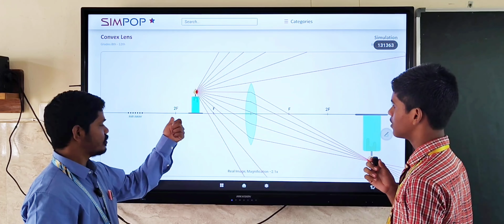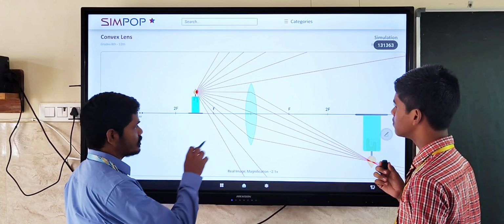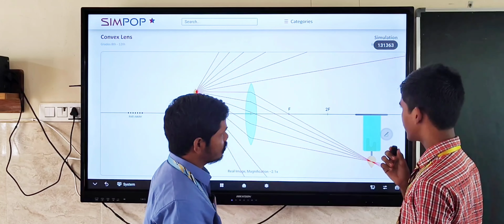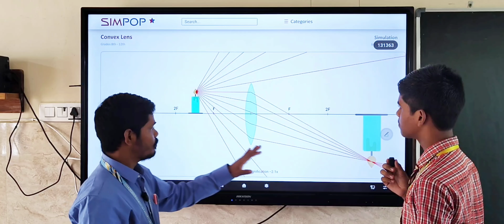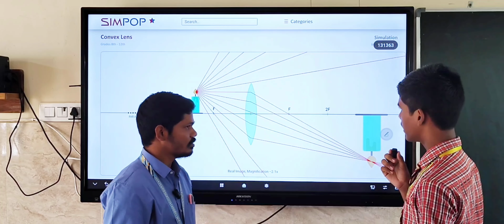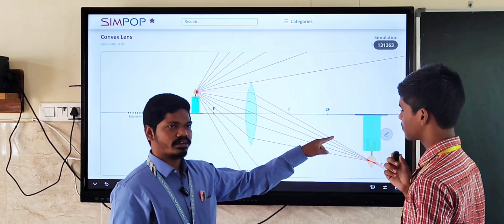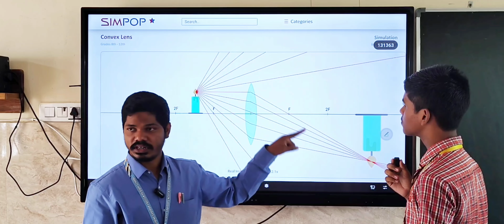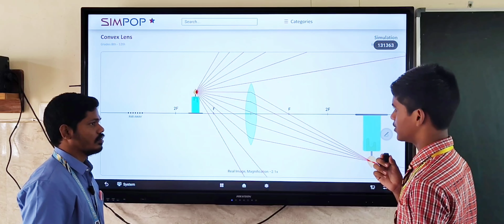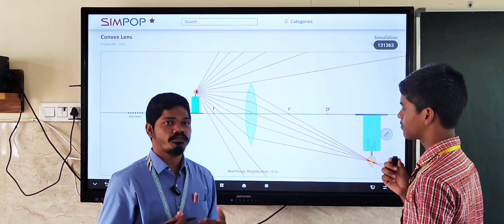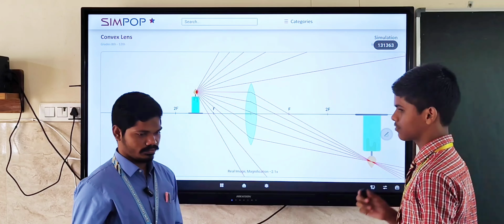Between focus and center of curvature. Then observe, what is the position of the image? Beyond the center of curvature. Now tell me what is the nature of the image? Real and inverted. First of all, it is a real image and also an inverted image. As well as, what is the size of the image? Enlarged or magnified. Okay, thank you.